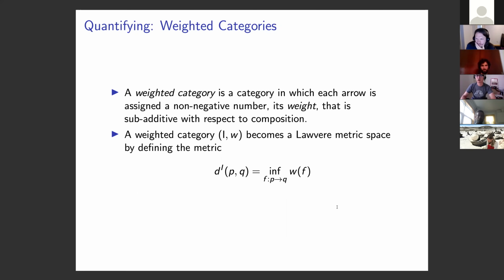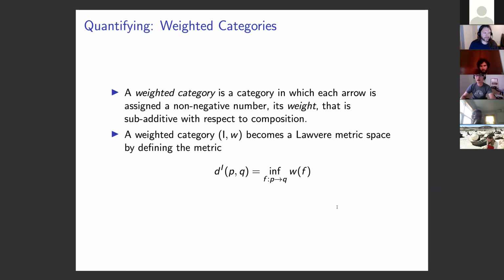This is just where for every arrow in your category, you assign it a non-negative number that plays well with respect to composition of arrows. And then between any two objects P and Q in your category, you just take the infimum of the cumulative weights of all the arrows from P to Q, and this gives you a Lawvere metric space.